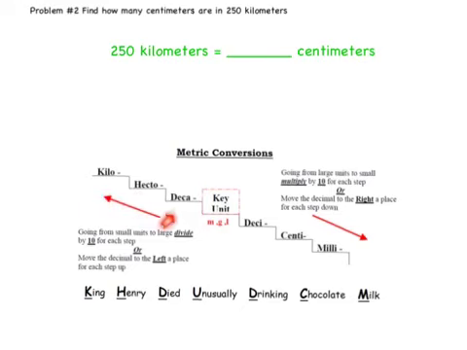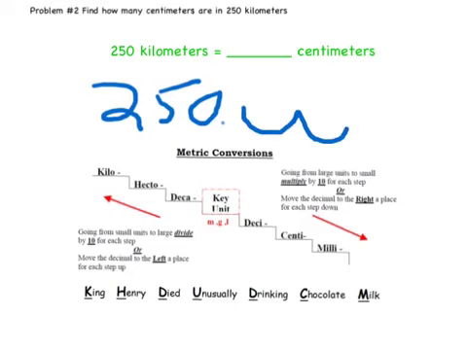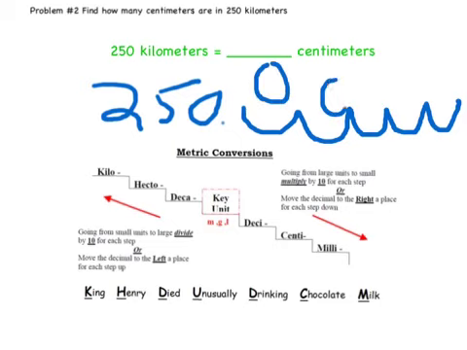To do that, we need to move the decimal 5 to the right from kilometer to centimeter. 1, 2, 3, 4, 5, and fill in the zeros. We see that our answer is 25 million centimeters.